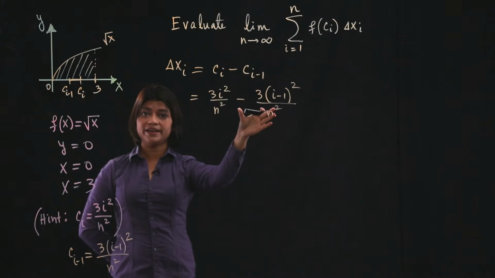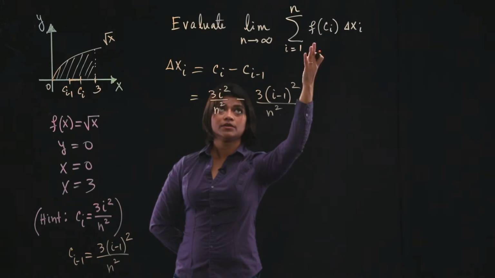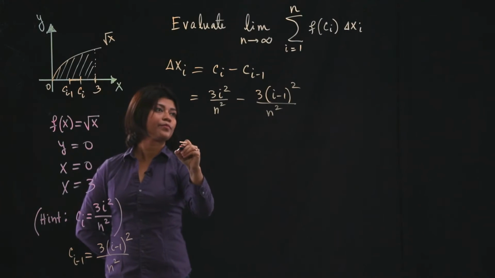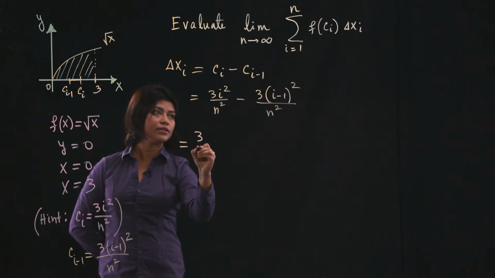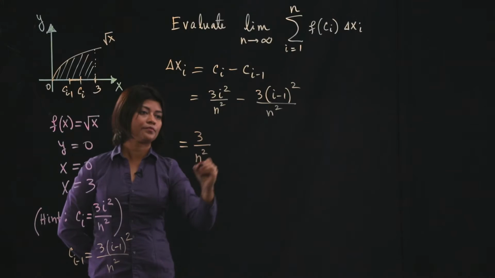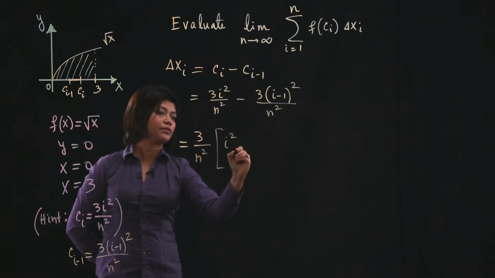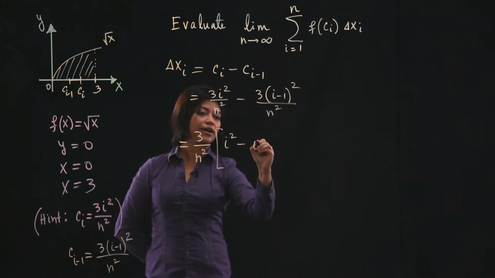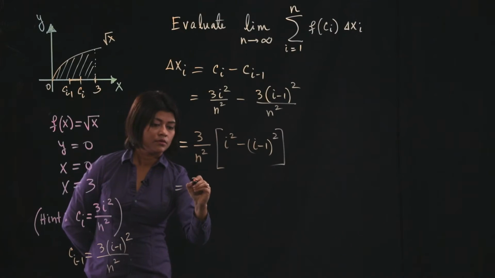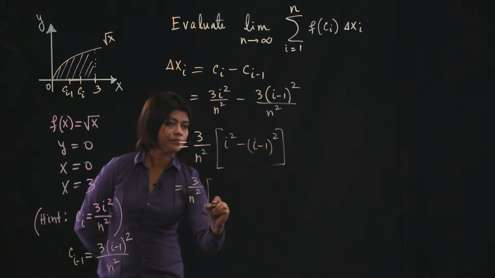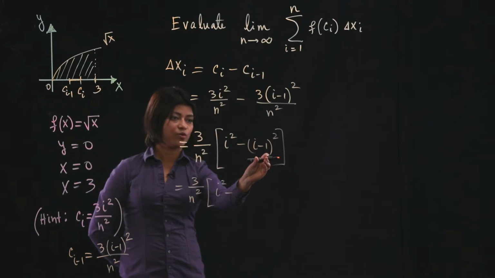Now it's best to simplify it because we have to evaluate this summation, and then we have to take the limit. Note that from both terms we have common factors 3 divided by n squared. And then from the first term we have i squared minus, from the second term, (i minus 1) squared. We can simplify this further. Keep the i squared as it is, and then expand (i minus 1) squared.